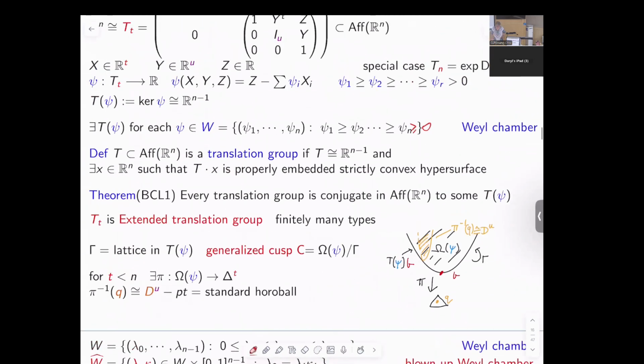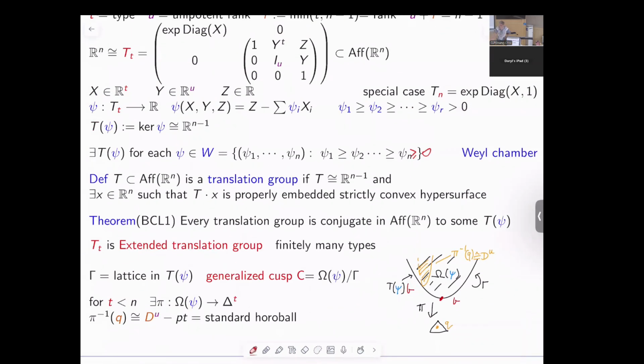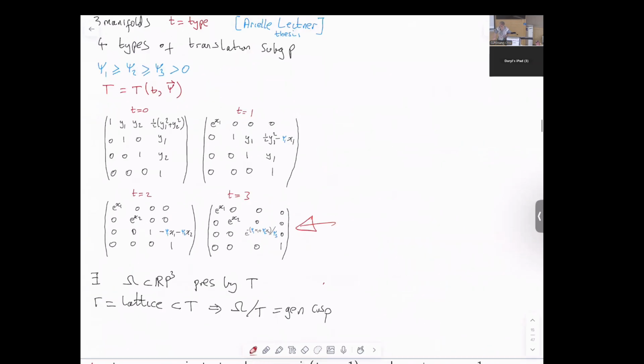Okay, so at this point, there are a finite number of families of generalized cusps, depending on the type. And they look very different. And so the surprise is actually that these different types all fit into a continuous family. They continuously transition from one type to another type.